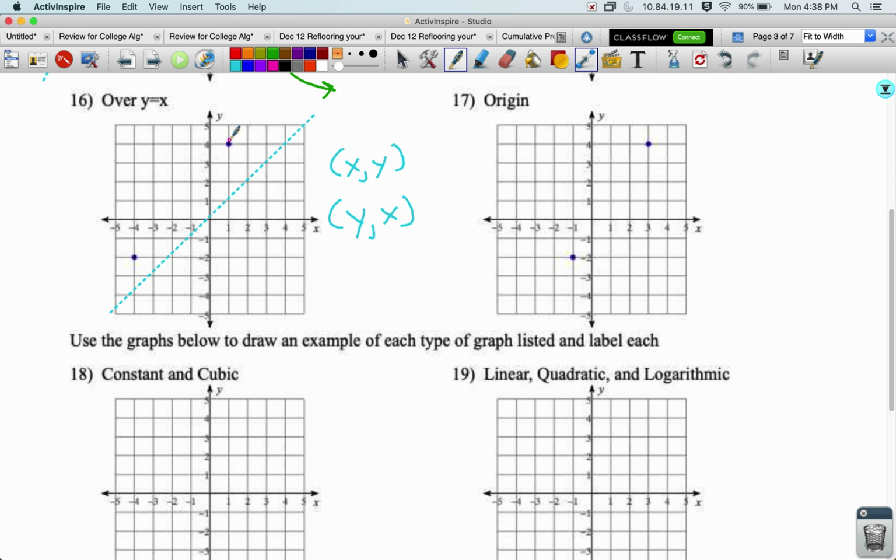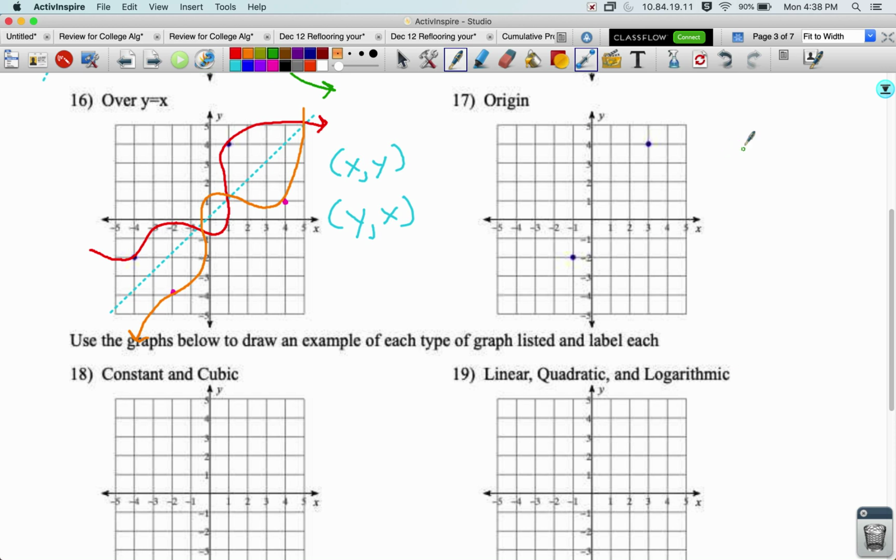So this point at (1, 4) is going to become (4, 1). (-4, -2) will become (-2, -4). And if our graph did something like this, then its mirror image would do something like that.